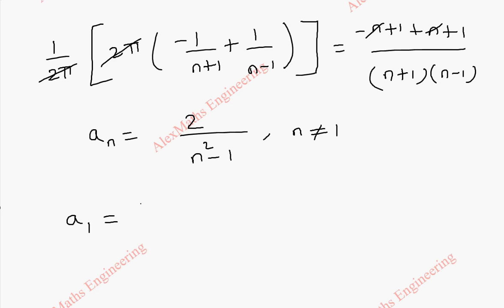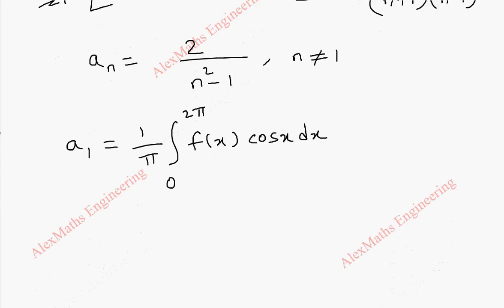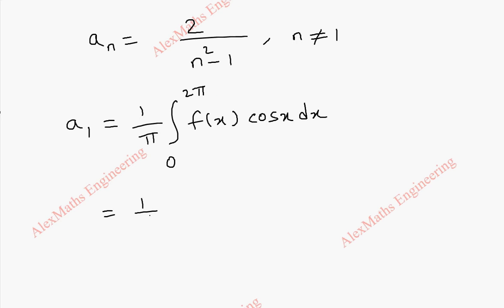For finding a1, it is again 1 by pi integral 0 to 2 pi f of x into cos nx, but n is 1, so cos x dx. So this is 1 by pi integral 0 to 2 pi x sin x into cos x dx.